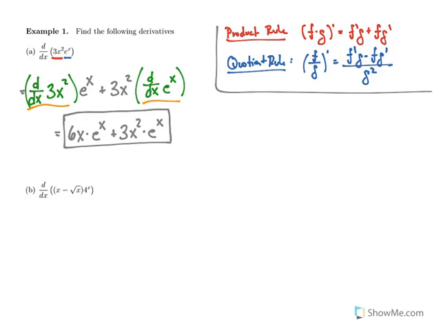So let's do it again, as the next application is again going to be the product rule. We have two functions. The first one is x minus square root of x, and the second one is 4 to the x.